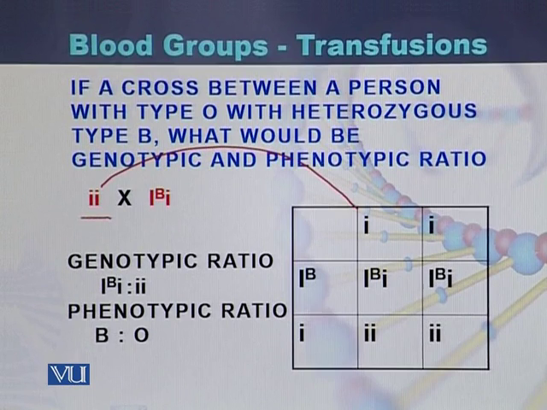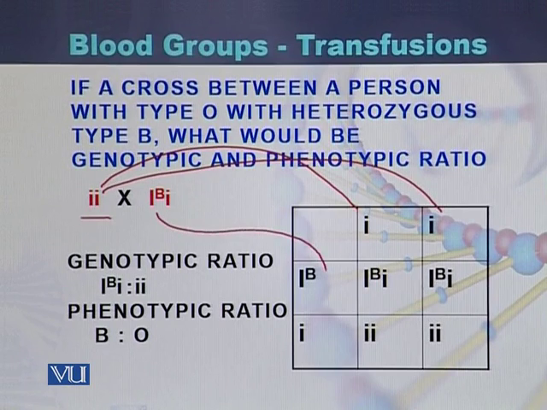So the first allele will be i and the second allele will be i. The second individual, who is heterozygous for blood group B, has genotype IB i. So as a cross, these different genotypes will be produced.